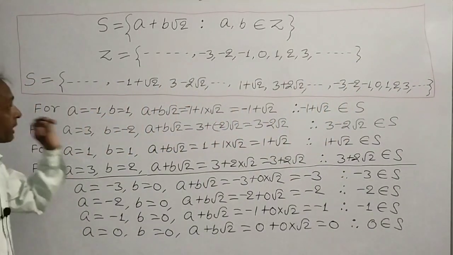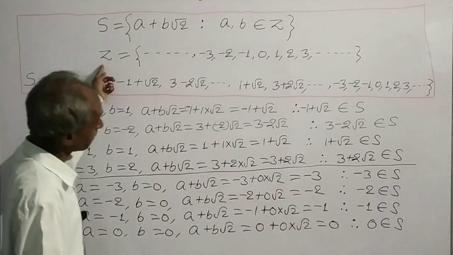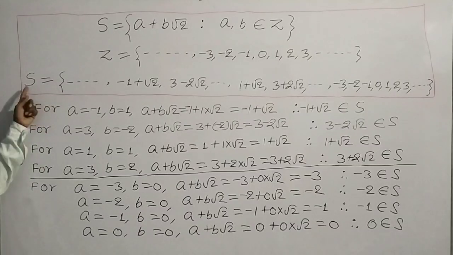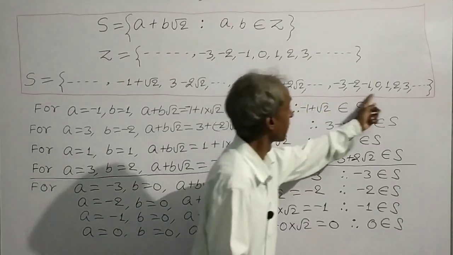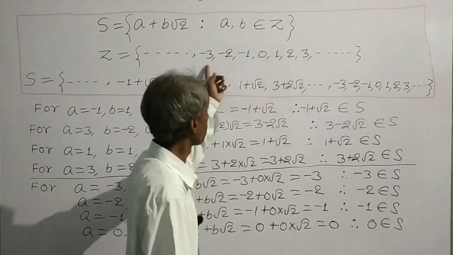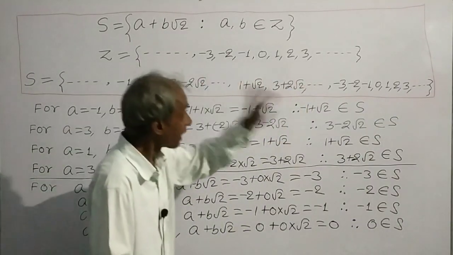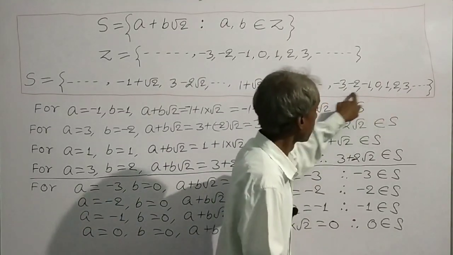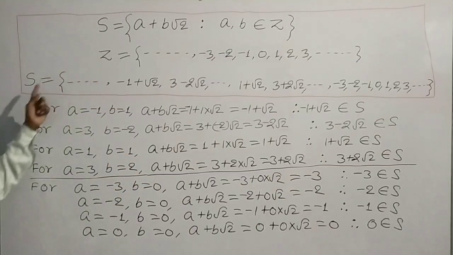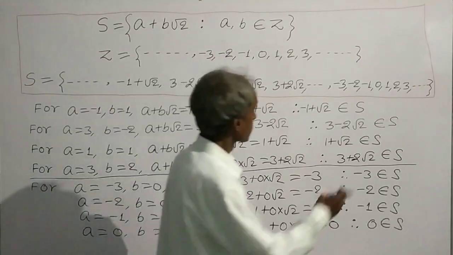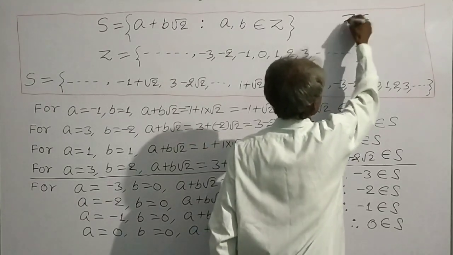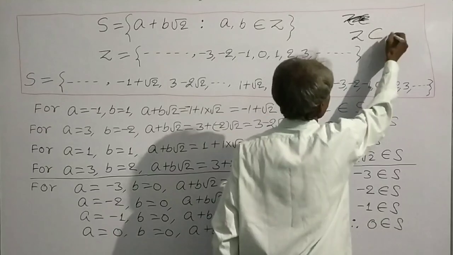That means every number that is present in this set Z is also present in this set S. See here, all numbers present in this set Z are also present in this set S. That means Z is a subset of S.